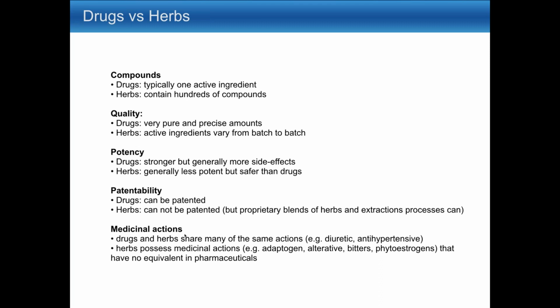For example, some blood pressure medications could be a diuretic, so you could use it for swelling in the ankles along with lowering blood pressure. But usually it's limited in the number of actions they have. So the herbs tend to have more actions.